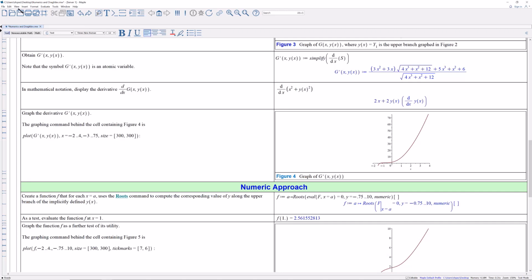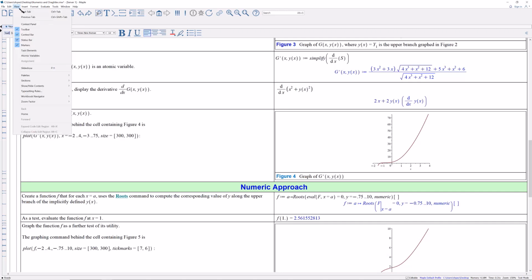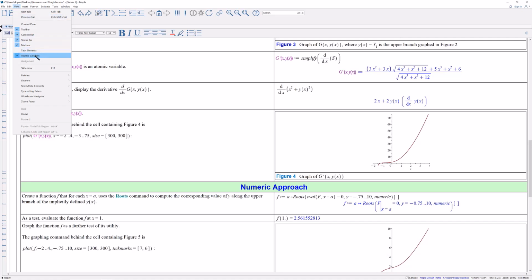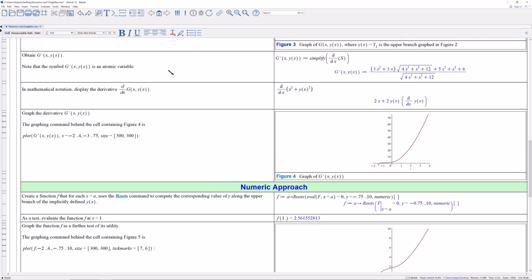So if you want to check for the atomics, go to View, Atomic Variables, and you notice you get this magenta color every place such a symbol appears. So there are some atomics hiding in here to make the notation more natural. So here's what that derivative looks like.